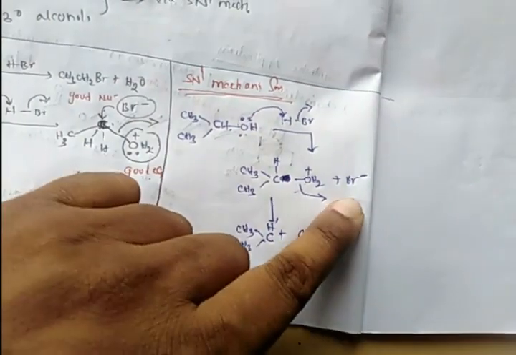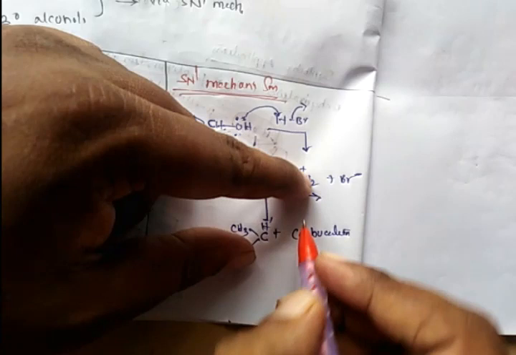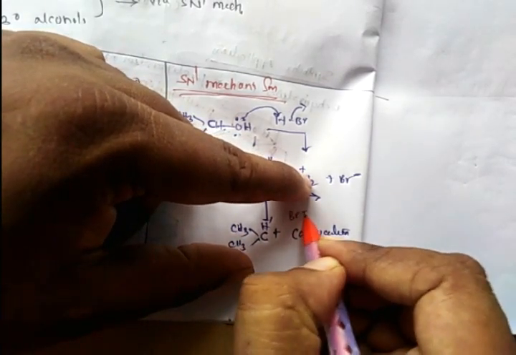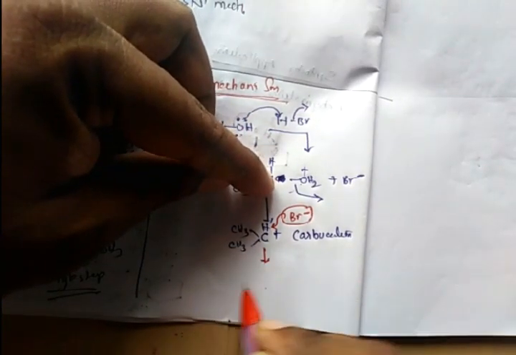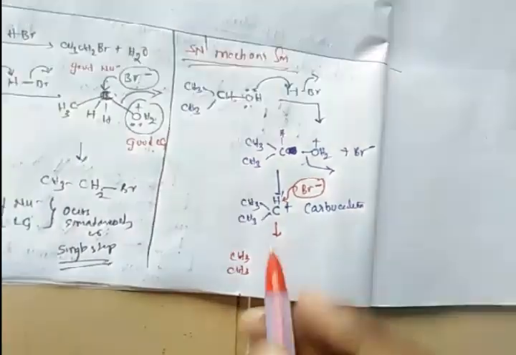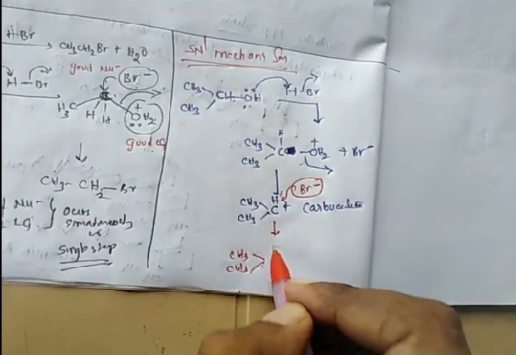On the secondary carbocation, in the reaction medium we also have bromine. So bromine is a good nucleophile. It attacks this carbocation and forms a sigma bond, and we will get CH3, carbon, hydrogen, bromine.